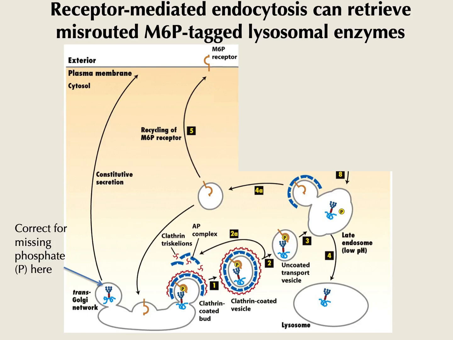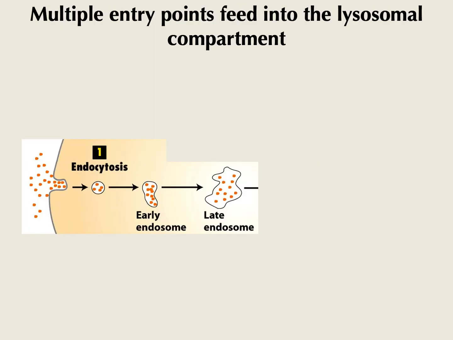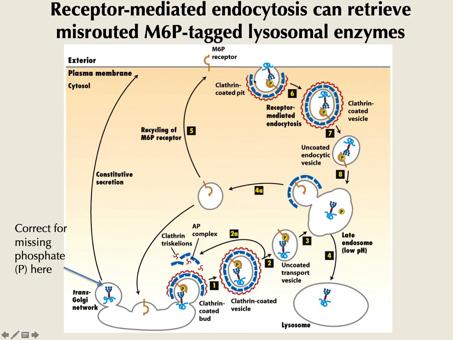This can now come back to the late endosome and the lysosome through an endocytic pathway, which also uses AP complexes and clathrins. So one reason I'm showing you this is because there's always a fraction of error in these systems. If these lysosomal enzymes are, instead of being directly shipped to the lysosome, being secreted, they can be retrieved.